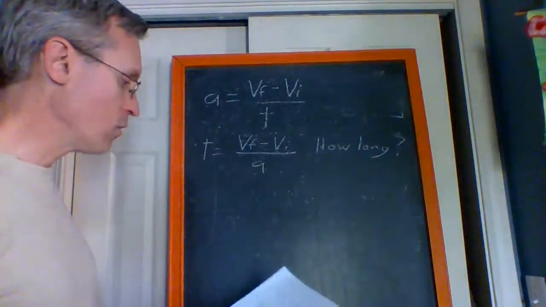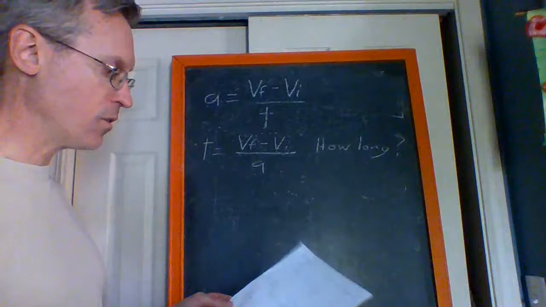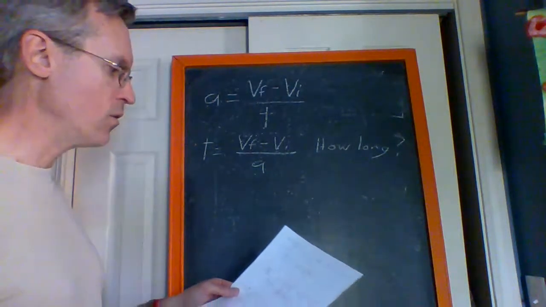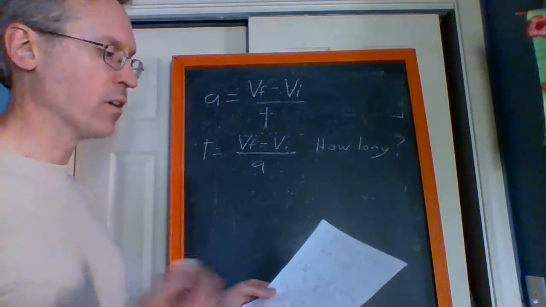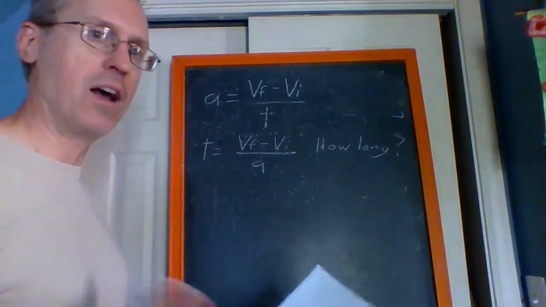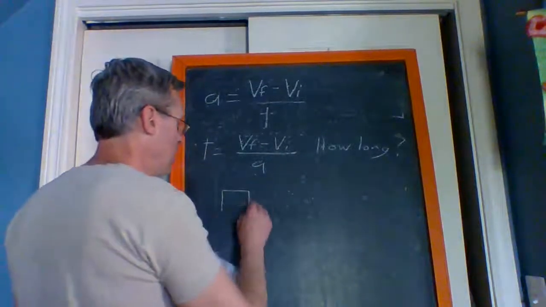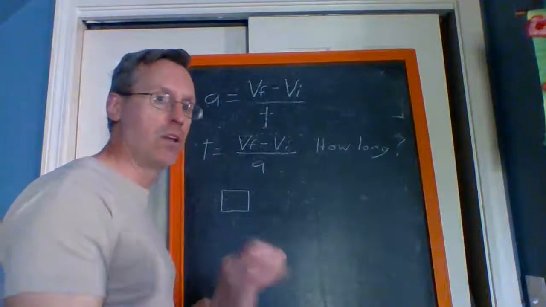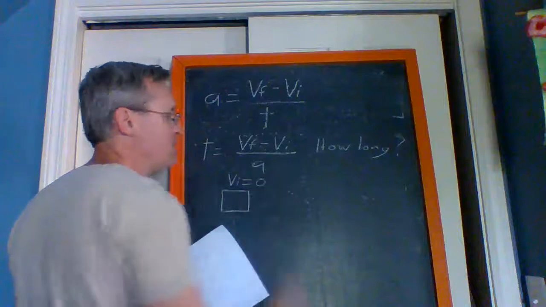So let's say, for example, that you're starting from rest, and you're going to speed up to 8 meters per second, and you're going to accelerate at 2 meters per second squared. How long does it take you to get to 8 meters per second? So here you are on your bike, and you're going to start from rest. If you see the words start from rest, that means your initial velocity, vi, is 0.